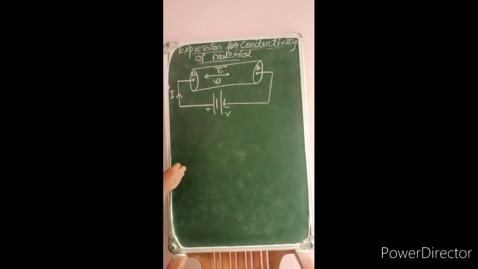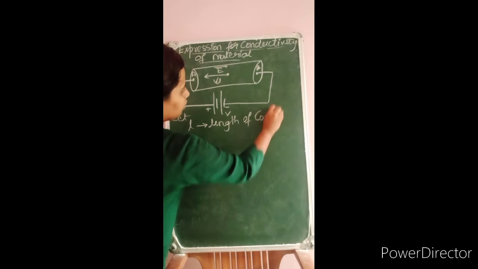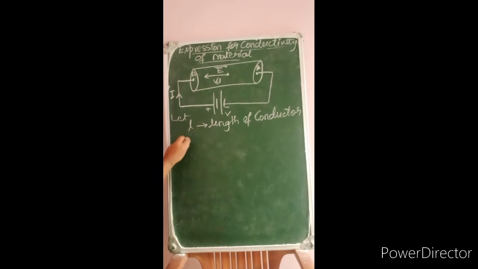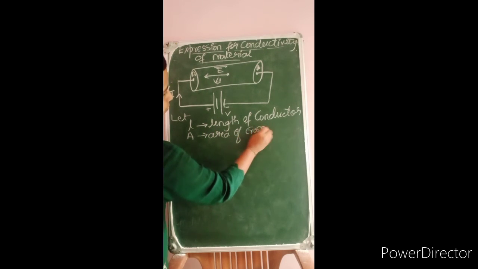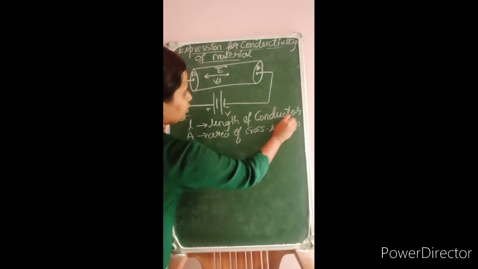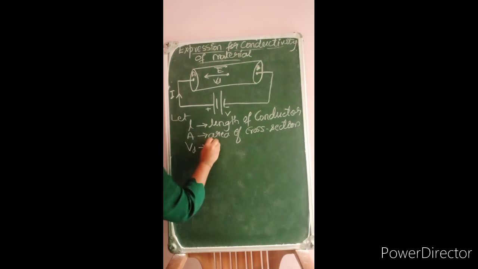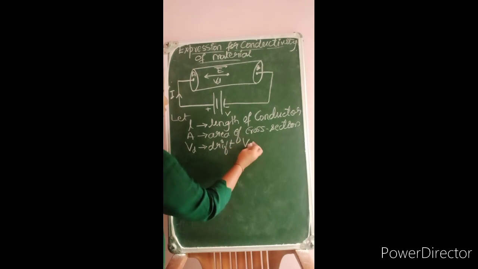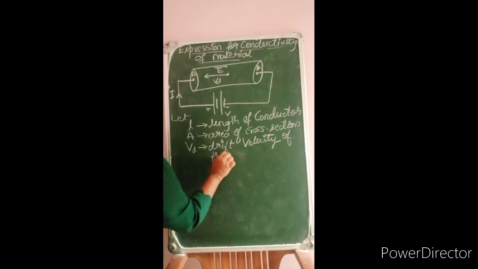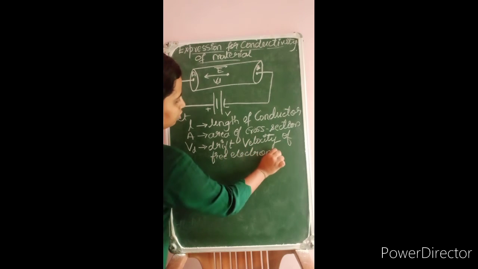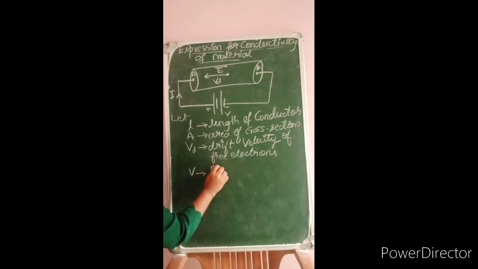Next we are going to derive the expression for conductivity of the material. Let us consider a conductor. Let L be the length of the conductor, A the area of cross section, V_D the drift velocity of free electrons, and V the potential difference between the two ends of the conductor.